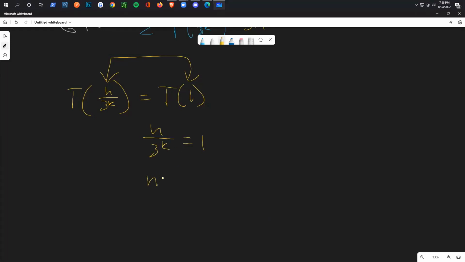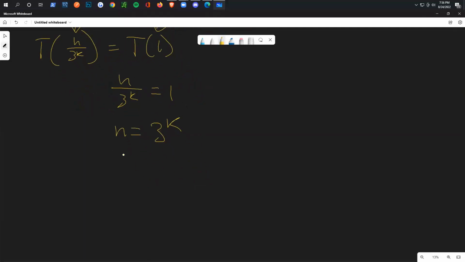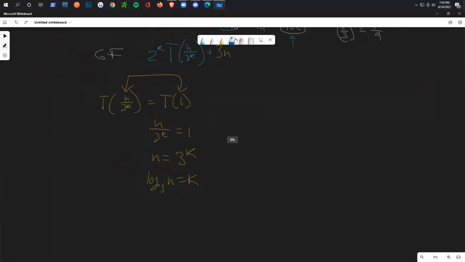That gives us n equals 3^k. That also gives us, if we write it in log form, log base 3 of n equals k, because 3 to the power of k equals n. So we have that information now. So let me just copy this over to the side real quick.